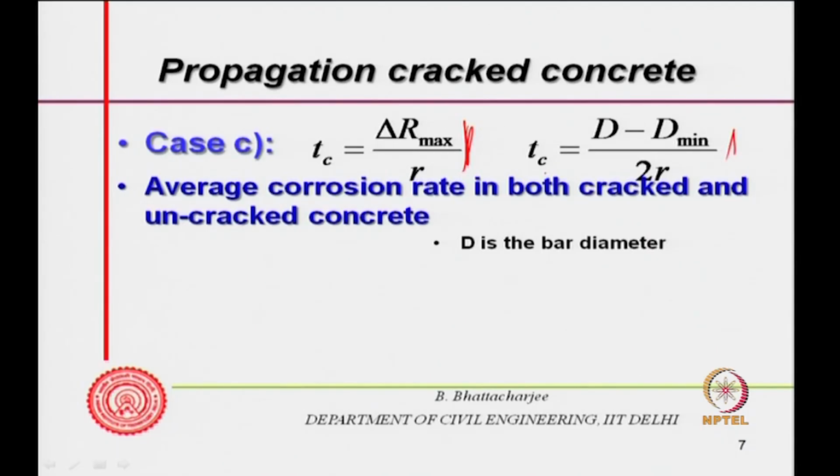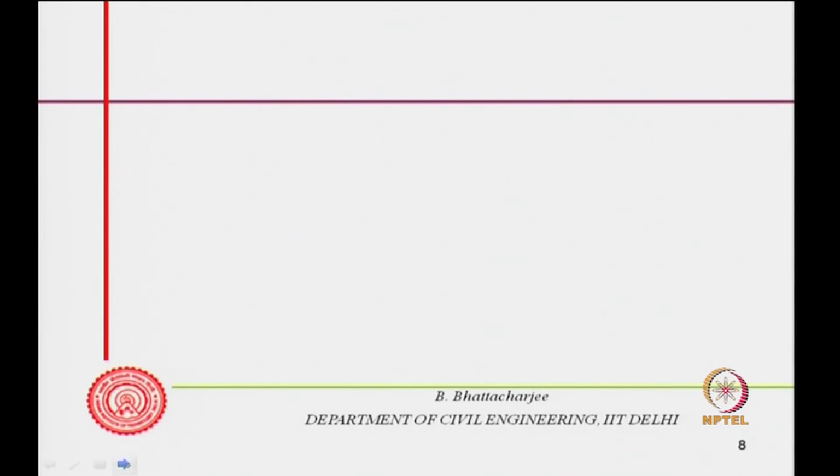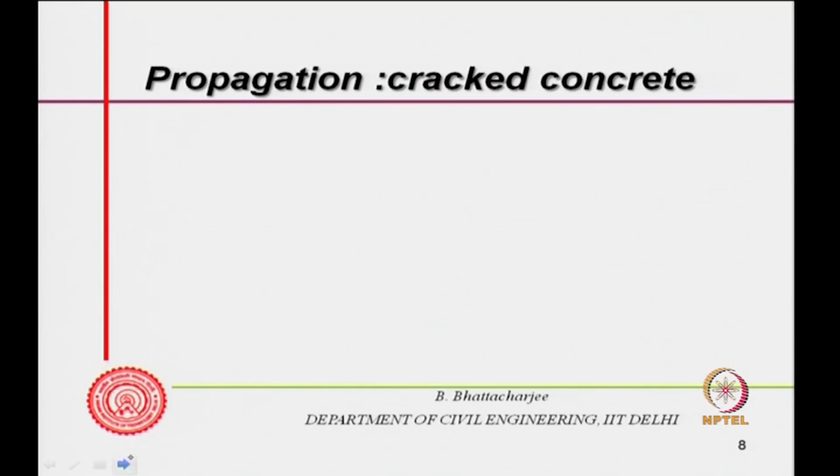So, T C is given for different relative humidity in carbonated concrete; these rates are given, this is less than 2, and D is the bar diameter, actually the minimum D that is likely to be there, because R max is known. So, this divided by 2 R will give you the time required for cracking of the cover concrete. So, these three empirical equations are given, but let us understand.